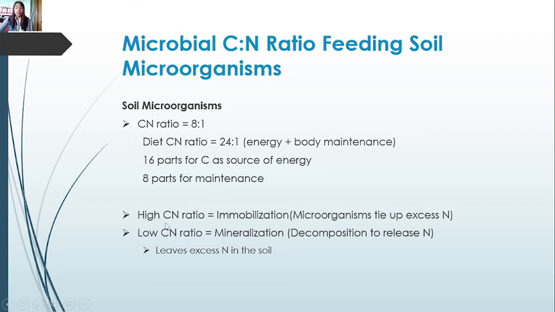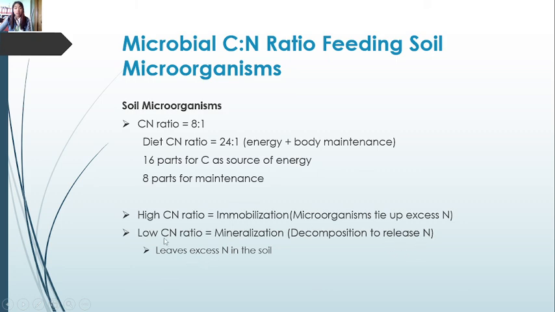Now, when there is a high CN ratio in the organic material, immobilization will occur. So, microorganisms will tie up the excess nitrogen. And when there is low CN ratio, there will be mineralization. So, the decomposition is fast and then the release of nitrogen is also fast.